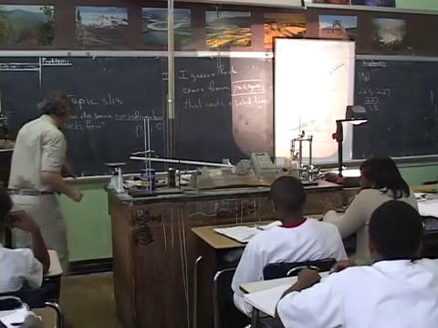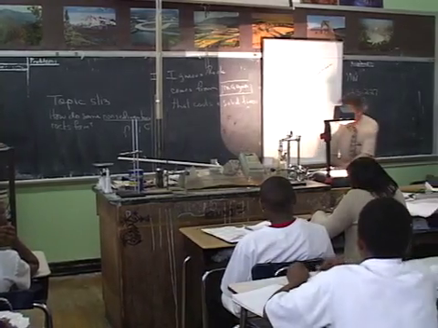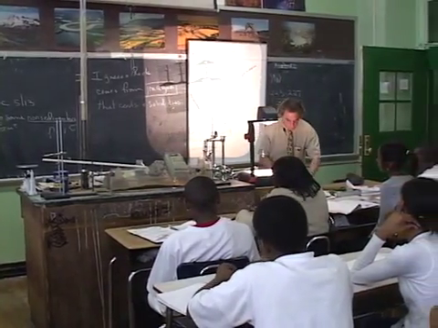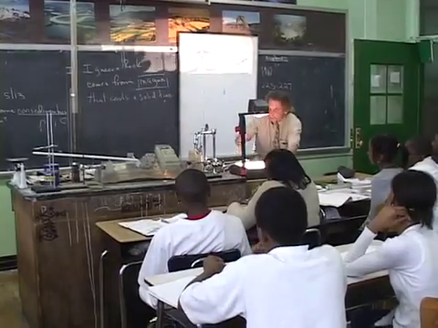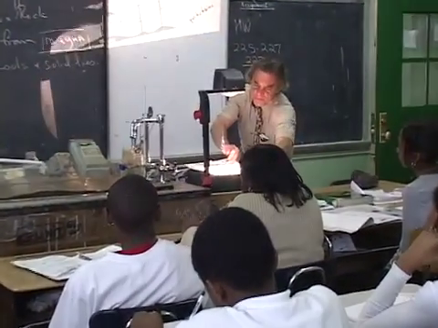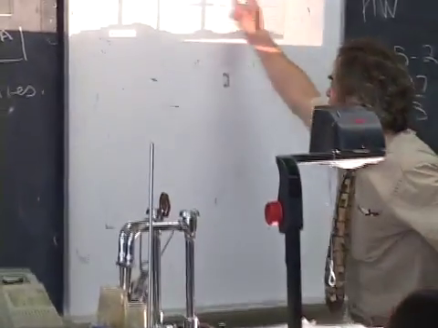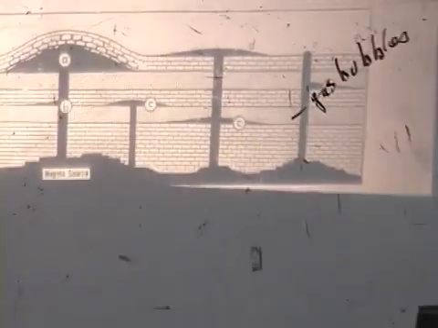Now, let me tell you a little story. Here's a cross-section of some part of the crust of the earth. Now, what do you think these horizontal layers are?